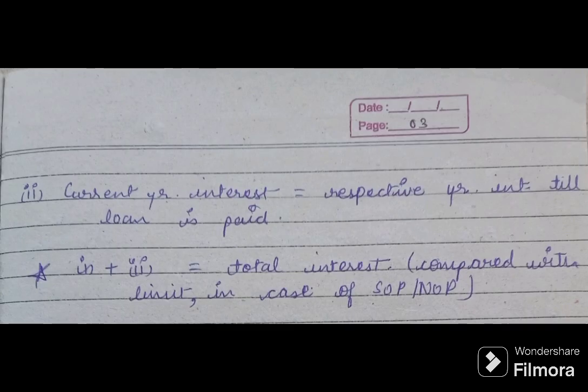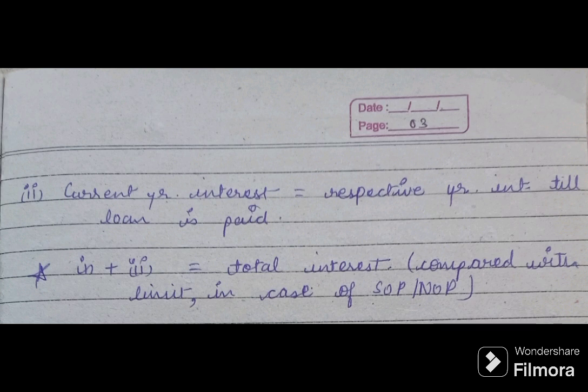After calculating first part of interest, that is PCPI interest, now we would come on calculating current year interest. Current year interest is only calculated when the loan is still not repaid in the current year. Current year interest is simply calculated by multiplying the interest percent to the loan amount for the whole year or for the time period in such year for which the loan is still unpaid.